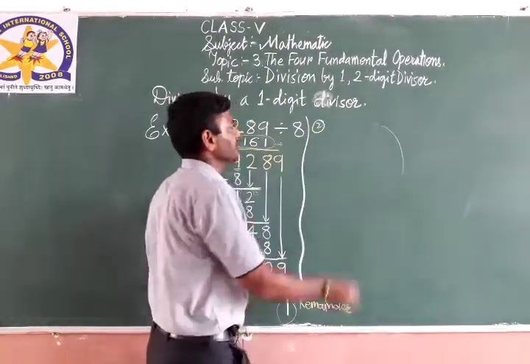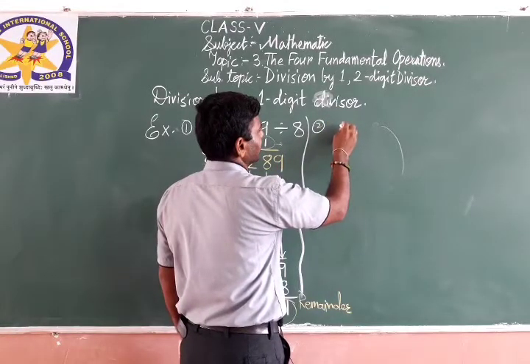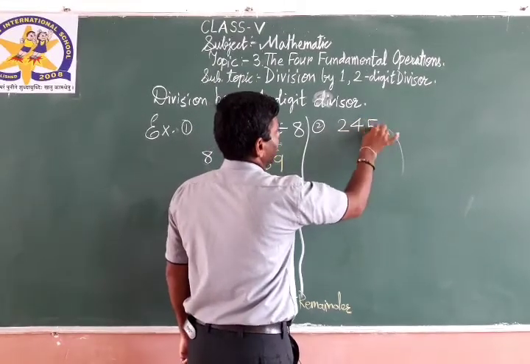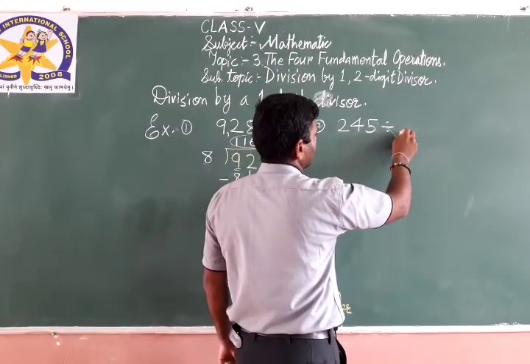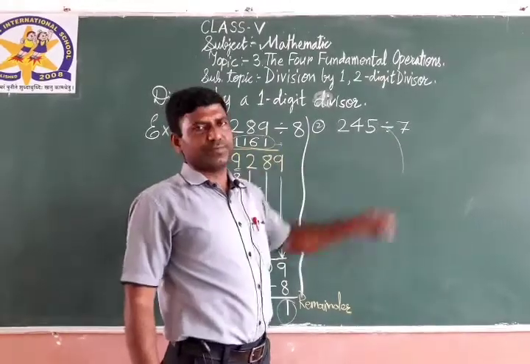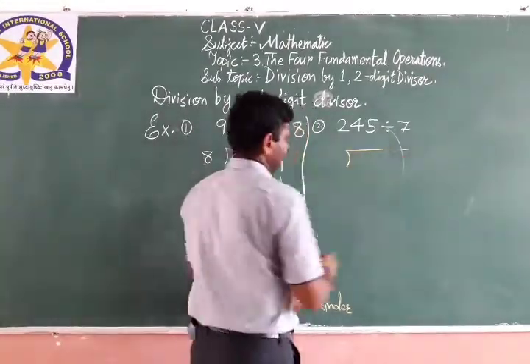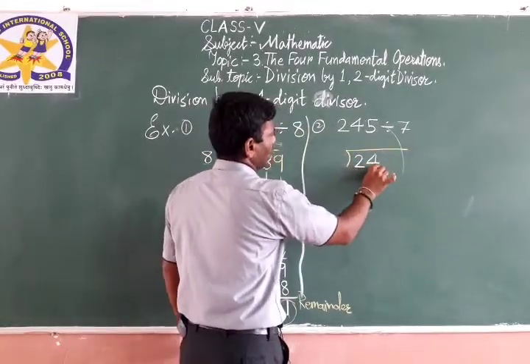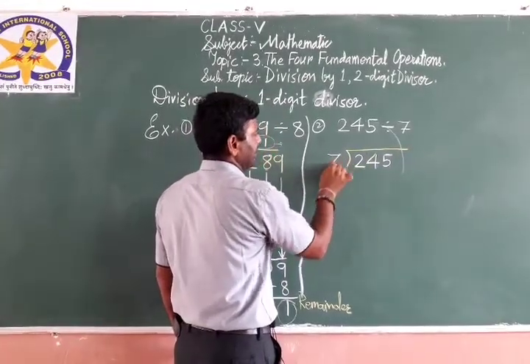Example 2. 245 divided by 7. One digit divisor. Now write the dividend inside, 245, and divisor 7.